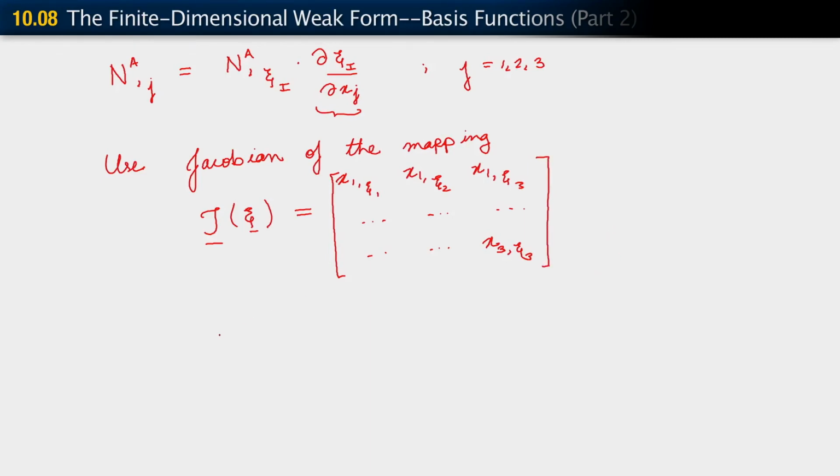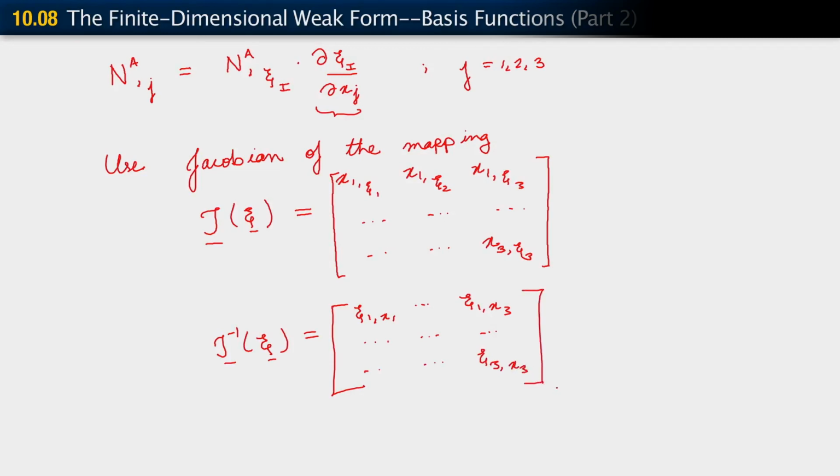But then, of course, we also know that J inverse of ξ is ∂ξ1/∂x1 until, sorry, ∂ξ1/∂x3, and we go on until we come to ∂ξ3/∂x3.